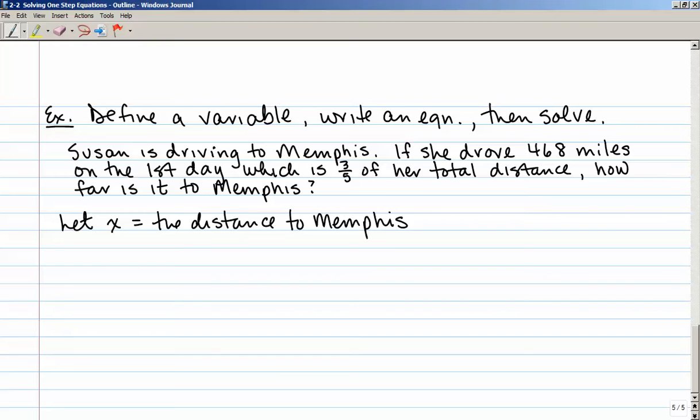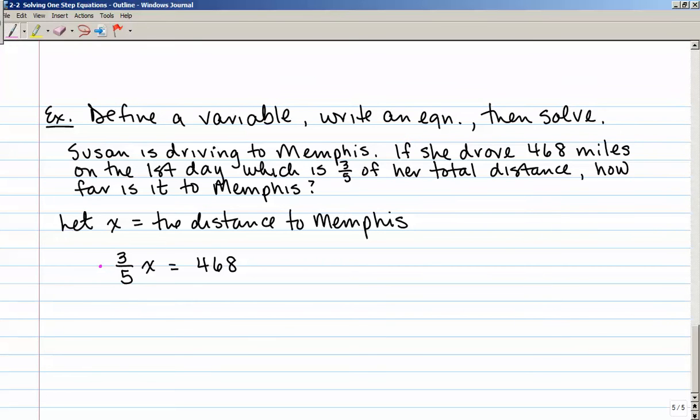So she drove a total of 468 miles on the first day, and that was 3/5 of the total distance to Memphis. So I can write the equation 3/5 times x, and that means 3/5 of the total distance to Memphis, and that's equal to 468 miles, which is what she drove the first day. Now to solve this, I'll use the multiplication property of equality, or division, and I'm going to multiply both sides by the reciprocal.